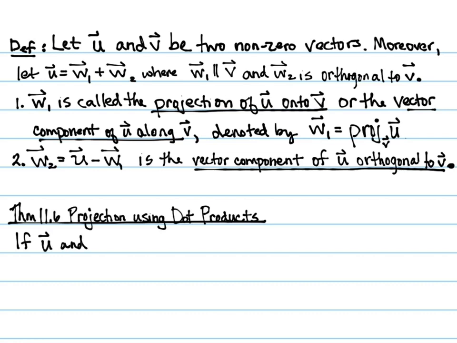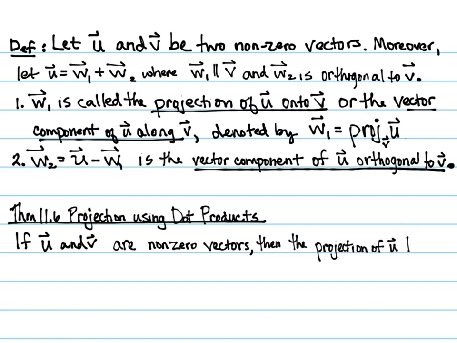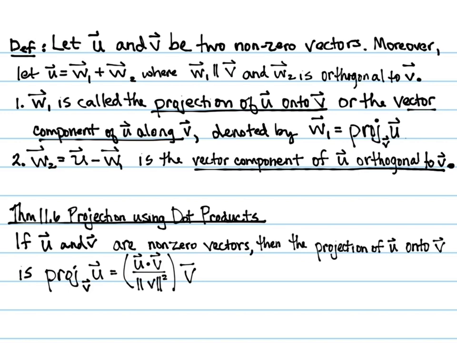If U and V are non-zero vectors, then the projection of U onto V is the dot product of U and V divided by the magnitude of V squared, times the vector V.